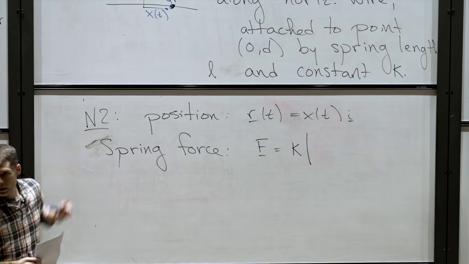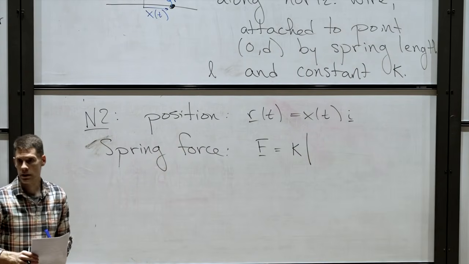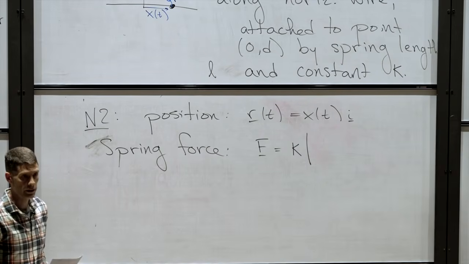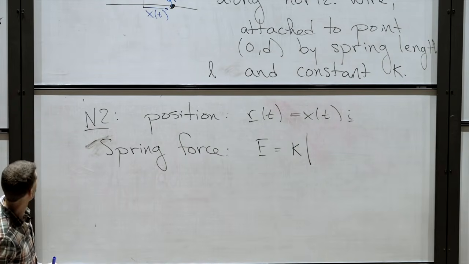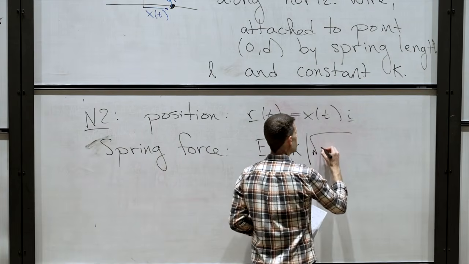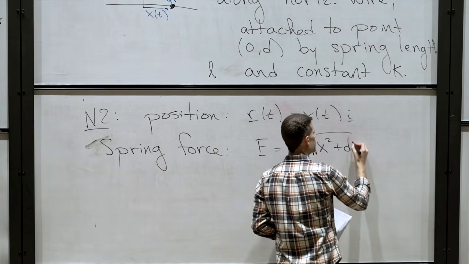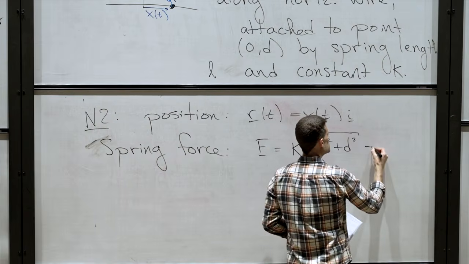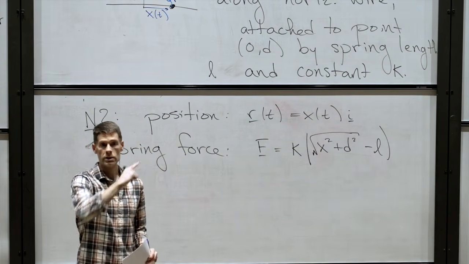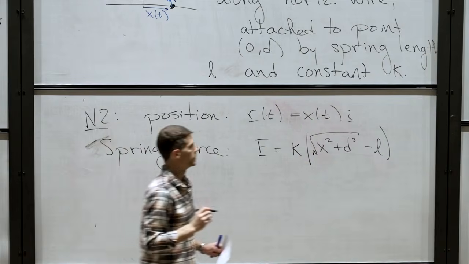The spring wants to be length little l, but what is the actual length of the spring? Well, I just look at the triangle, and it's the hypotenuse of that triangle, which is square root of x squared plus d squared. So it's square root of x squared plus d squared minus l, and it's pointing in the direction of tau.